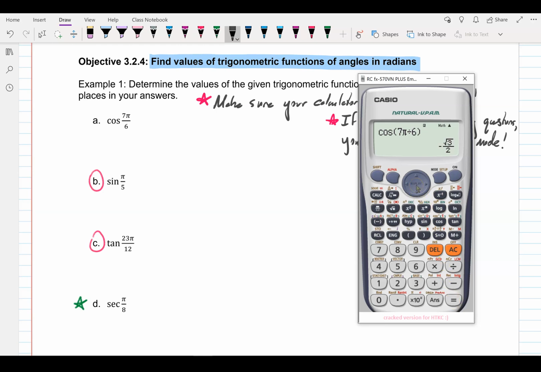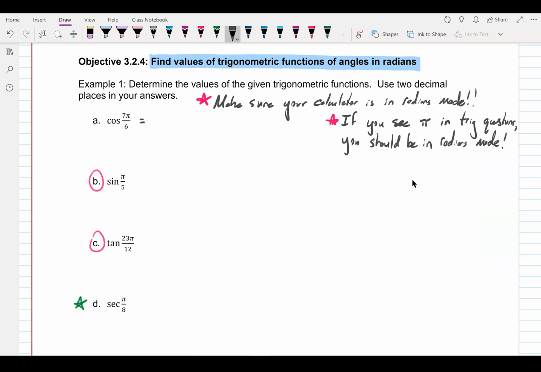Equals, and it gives us a totally different answer: negative root 3 over 2. If your calculator doesn't give that, you can also give its decimal version, which it actually asks for. It wants 2 decimal places, and now we've got 2 decimal places. So we're okay. Nothing crazy going on here.